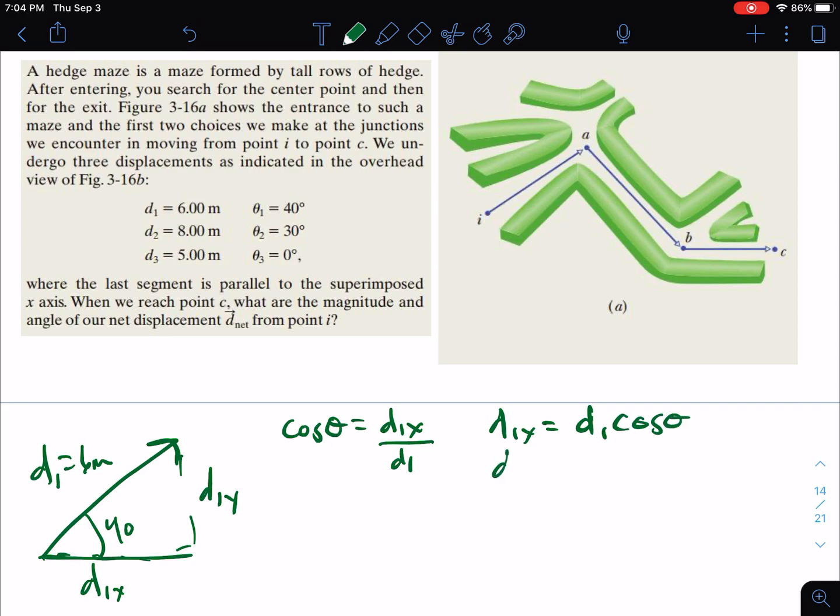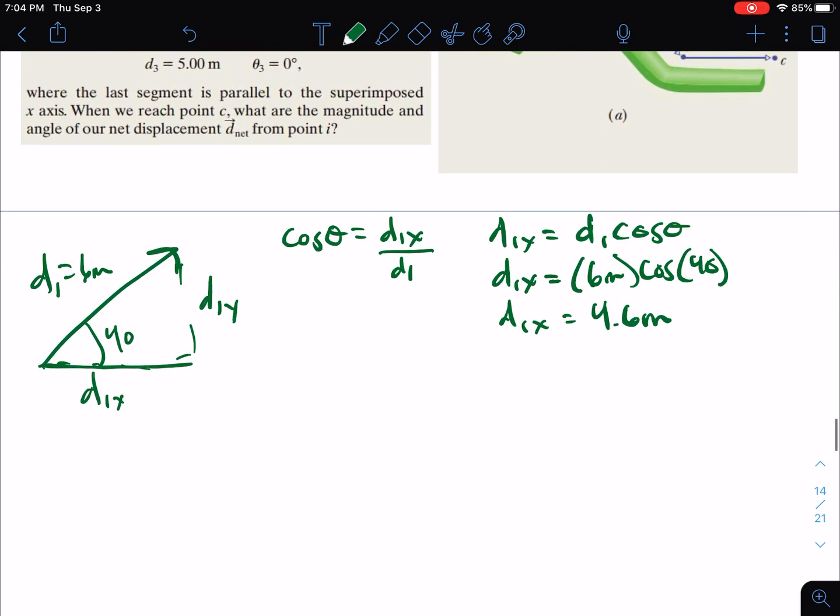Plugging in our numbers, we get D1x is equal to 6 meters times the cosine of 40, which is equal to 4.6 meters. Doing the same thing with D1y, we get the sine of the angle because sine is opposite, D1y over hypotenuse D1.